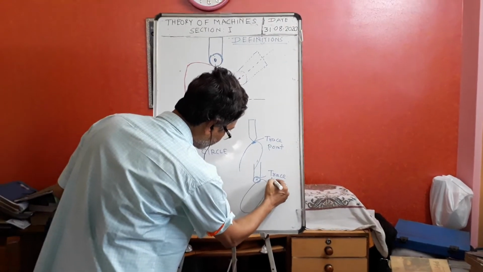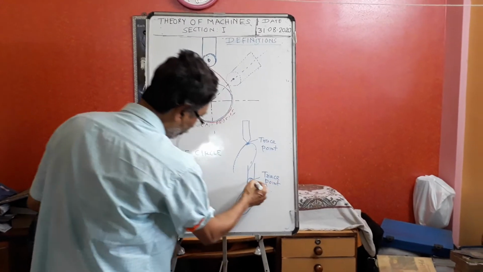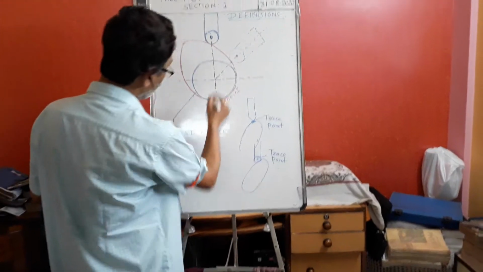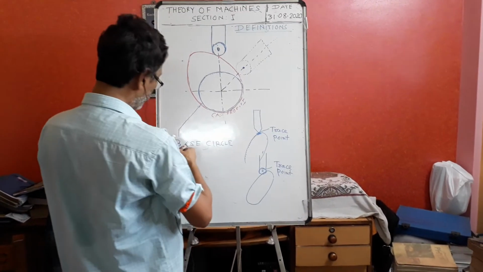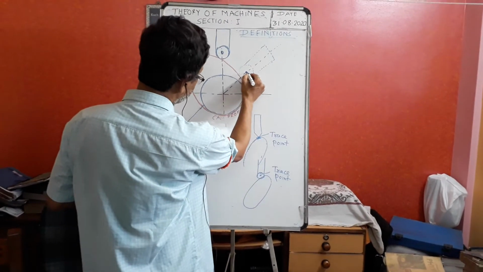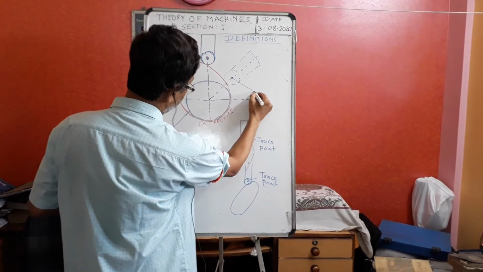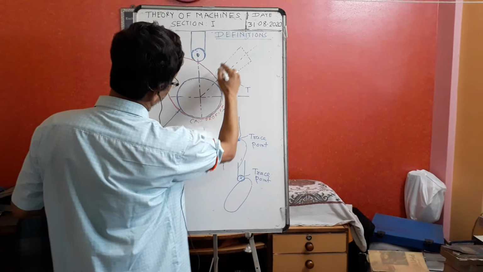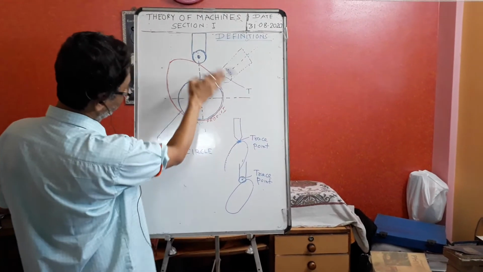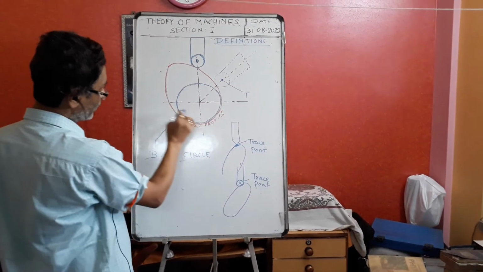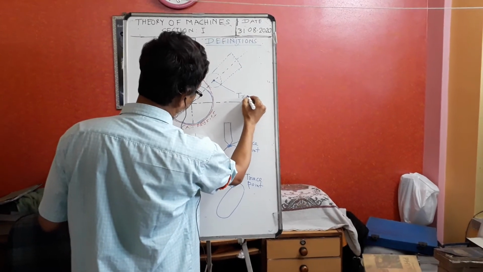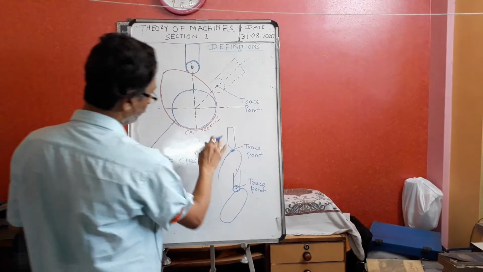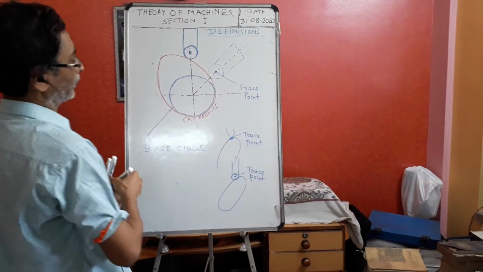So what is the function of this trace point? This point will draw the profile of the cam. Here, this point, the center of the roller, is the trace point, and this is the follower. I am rotating the follower because in my case the cam is fixed.